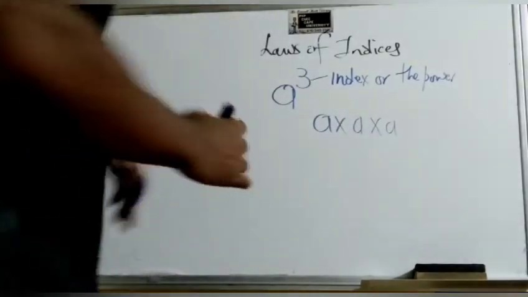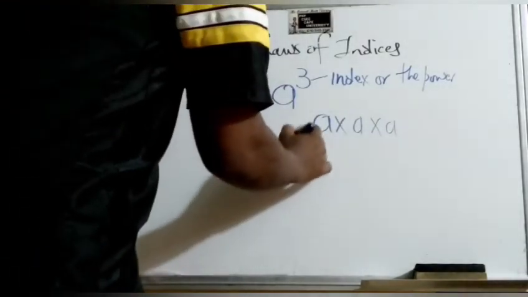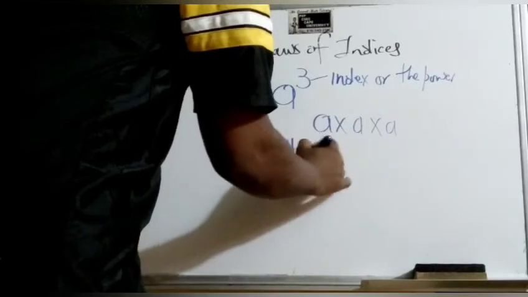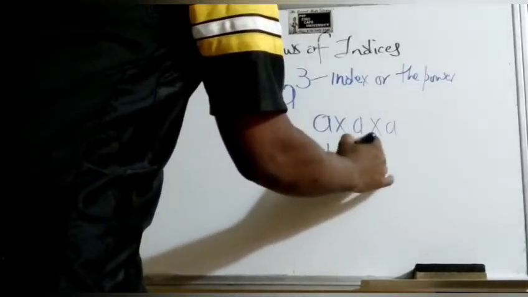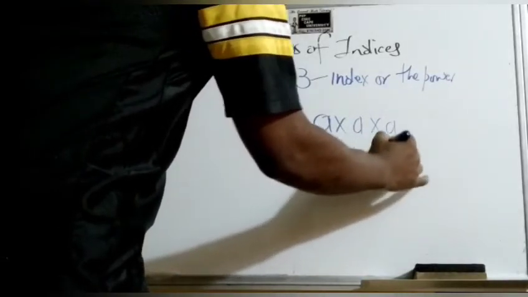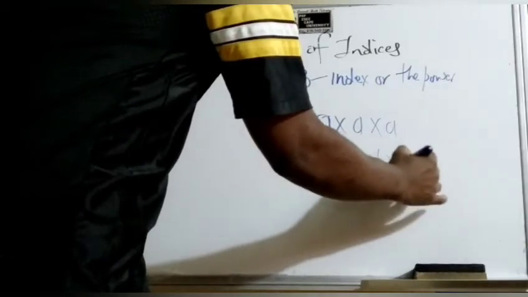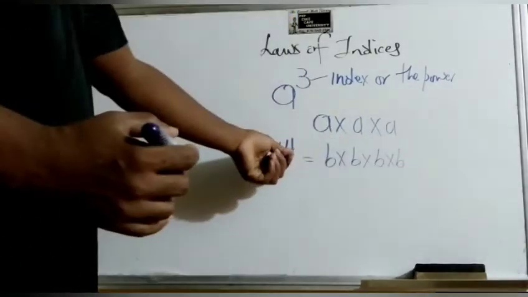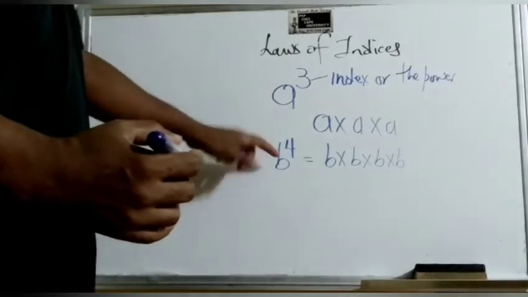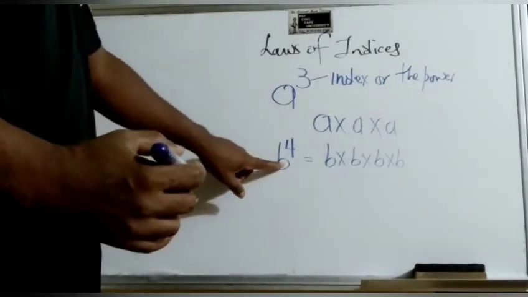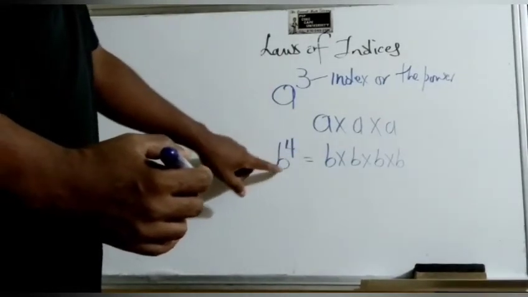So if we have, say, b raised to the fourth power, it will be b times b times b times b. The power or the index tells you how many times this number must be multiplied by itself.